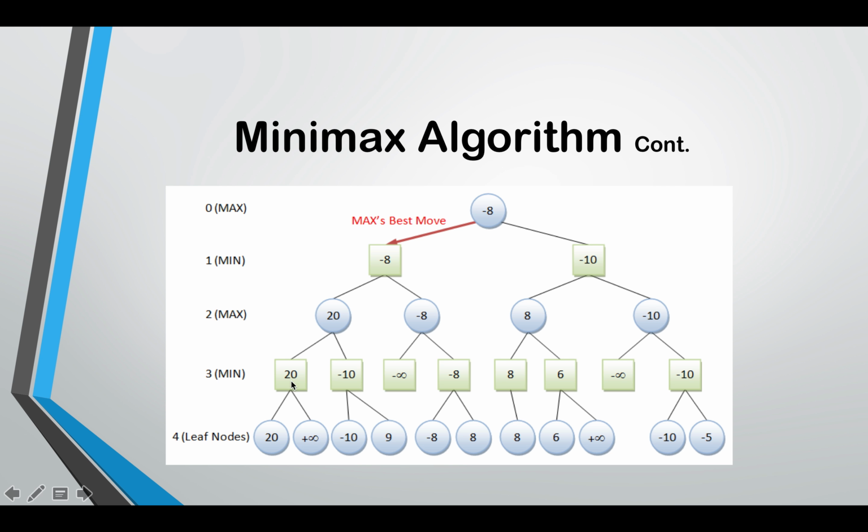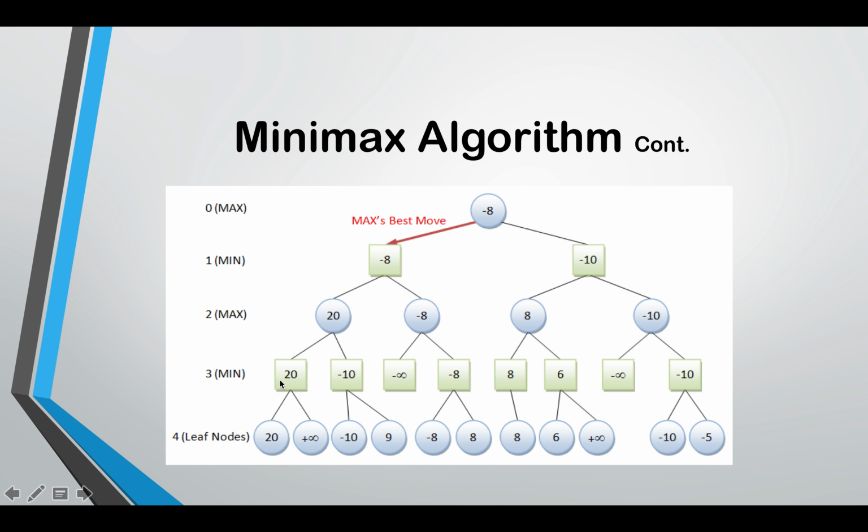Once we have reached the terminal node, meaning the node which has no children, we check the evaluation function. We assign the evaluation function values to the terminal nodes, and then when the Minimax algorithm reaches these terminal nodes, it calculates the value for the parent nodes based on the player which is calling this function.